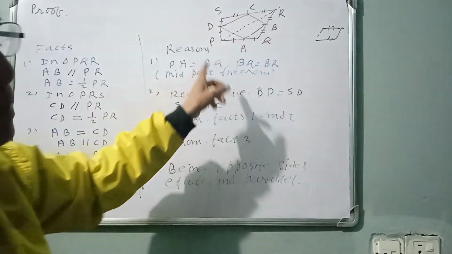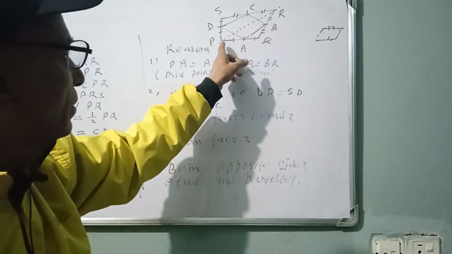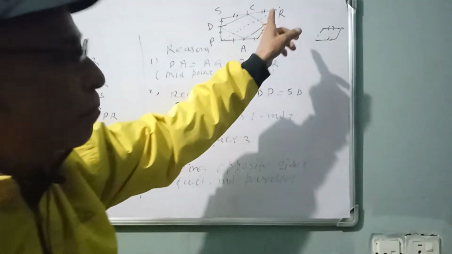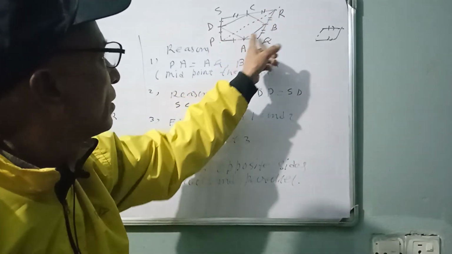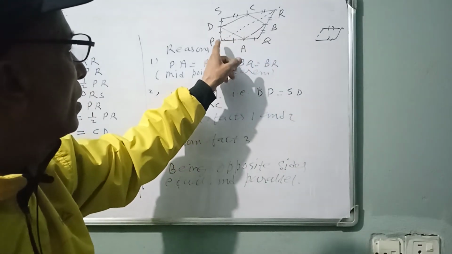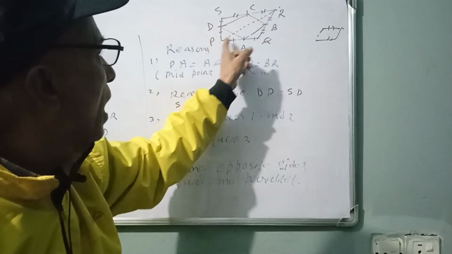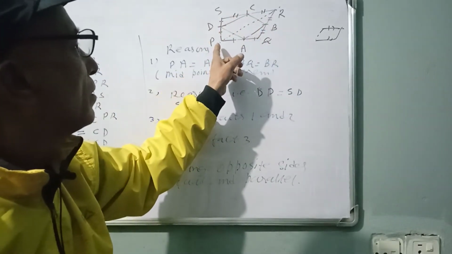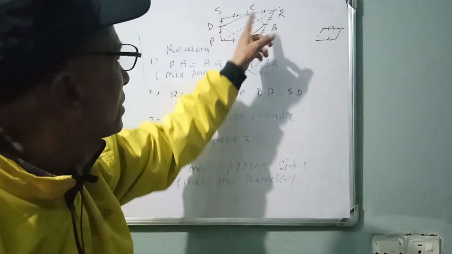Prove that ABCD is a parallelogram. Join PR. In triangle PQR, apply the midpoint theorem. AB is half of PR, AB is parallel to PR. Midpoint theorem. In the same way, in triangle PRS, CD equals half of PR, or you can write DC, but in vector you have to write DC.